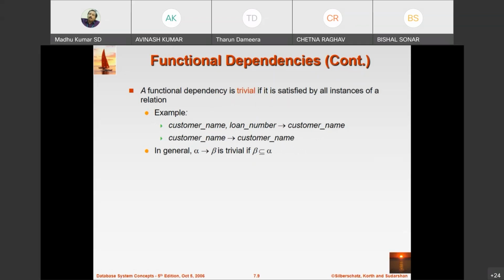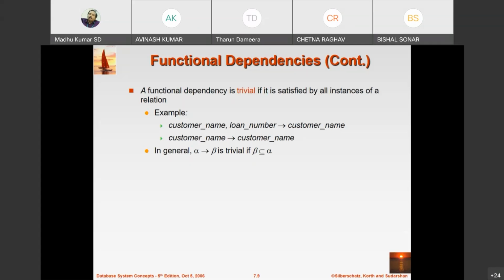A dependency of the form X determines X or Y determines Y is called a trivial functional dependency.